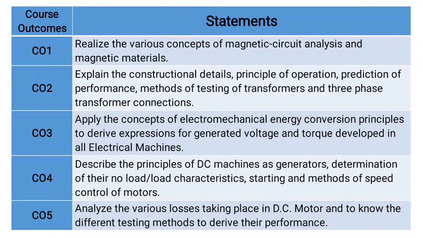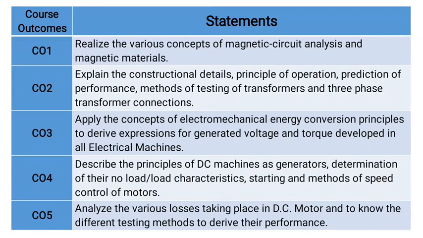On the third unit, which will tell about the concept of electromechanical energy conversion, principles to derive the expression for the generated voltage and torque developed in all the electrical machines.